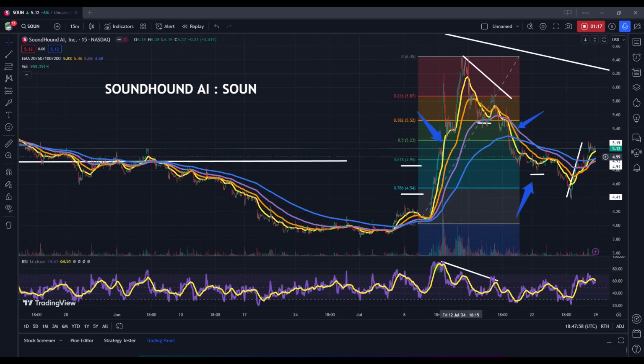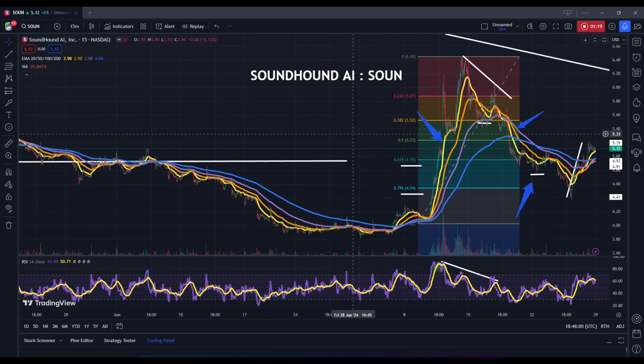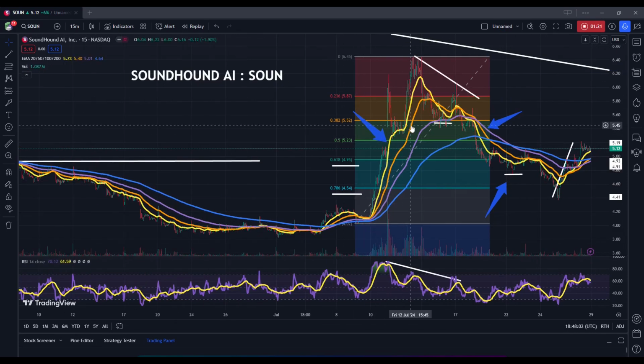If we're looking at this most recent price action, we can see that a fairly strong rally has developed going back to the first half of this month. If we're looking at the July 9 trading period, the stock really started rallying from roughly the $4 per share area all the way to just below $6.50 during the July 12 trading period.